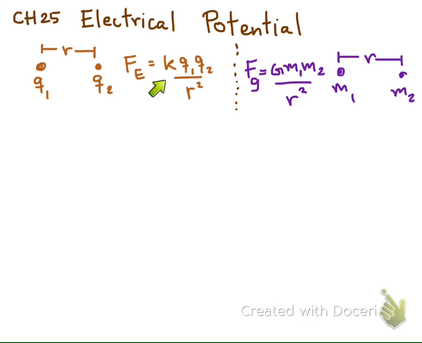If we ignore the meaning of the variables like K, Q, or G, M, and just look at the mathematical form, they are identical.